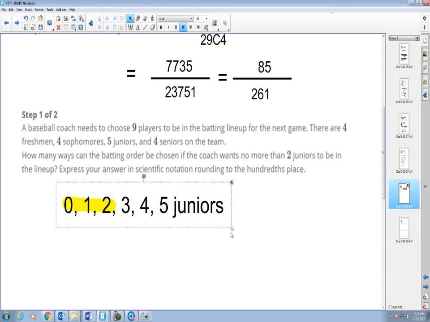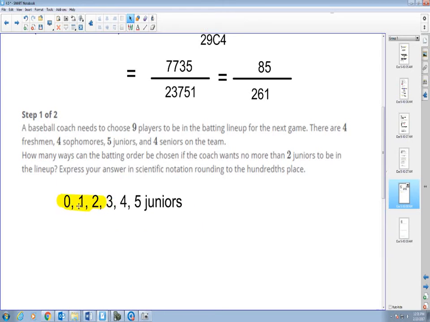Well, in that case, let's think about this. No more than 2, so that means a coach can choose 0 juniors. Well, what about the other 9 players that are supposed to be in the lineup? The other 9 players have to be all the other ones.